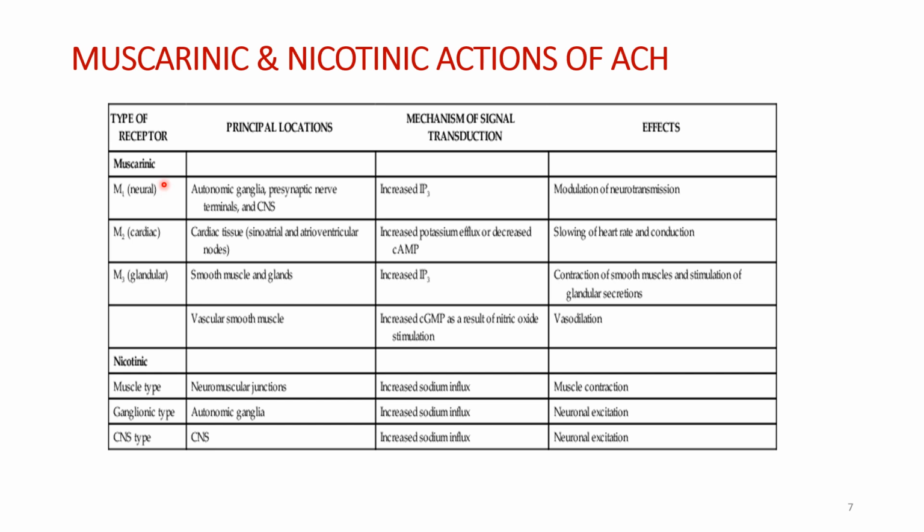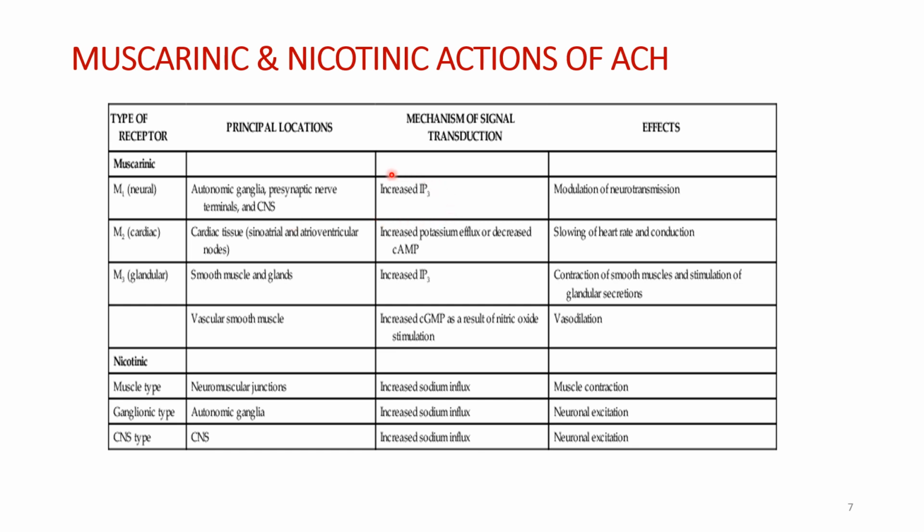Then coming to the muscarinic receptors. Muscarinic receptors are metabotropic receptors, meaning they act through G protein coupled receptors. See the M1 receptors: they are located at the autonomic ganglia, presynaptic nerve terminals and in the CNS.